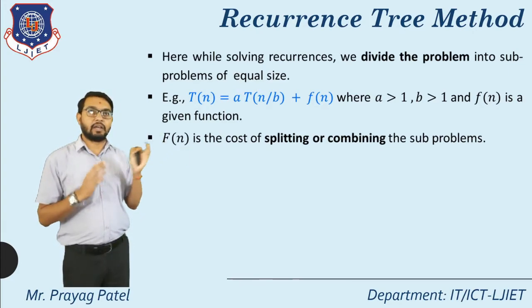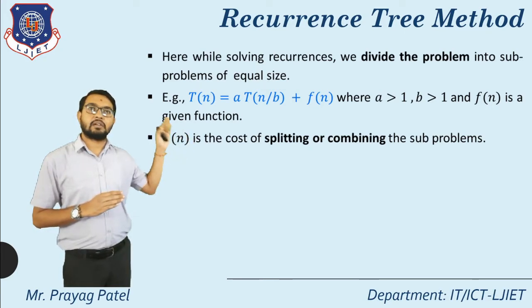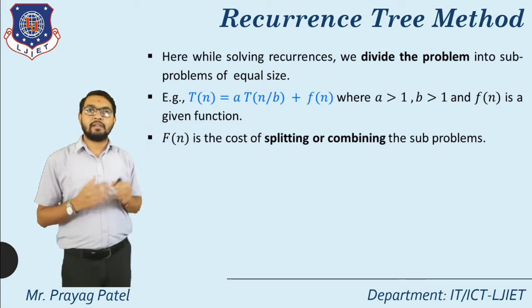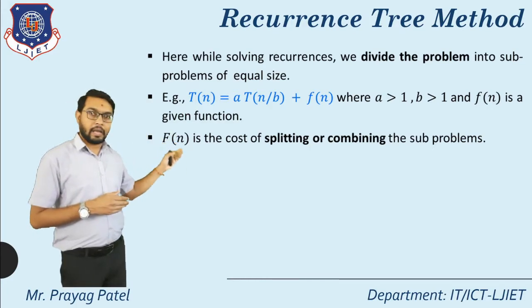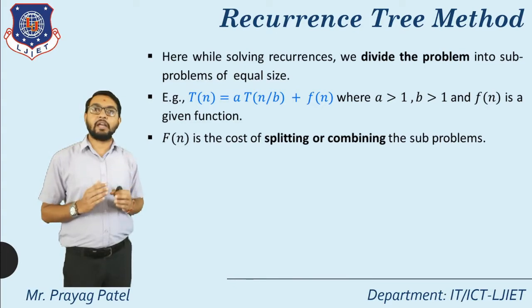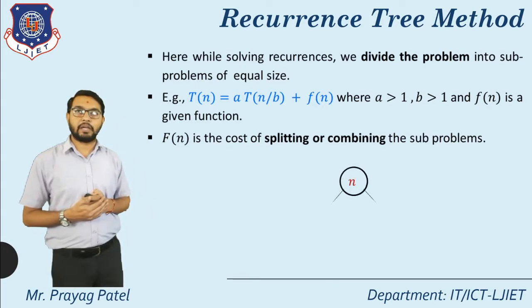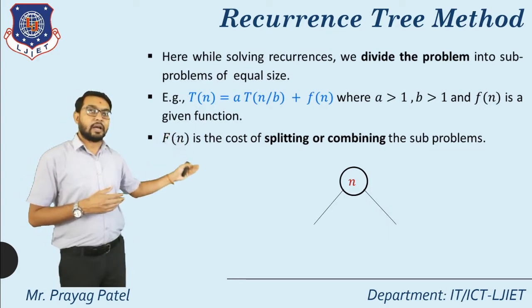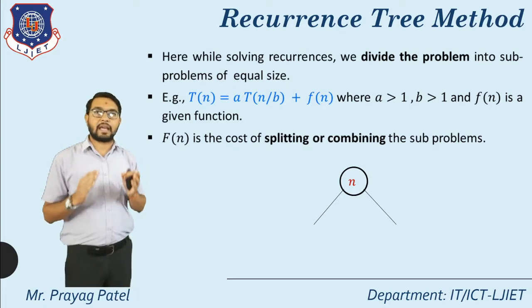In Master's method we consider the value of a as 1 also. So this is a change, and f(n) is considered as a function for the given relation T(n). f(n) is the cost of splitting or combining the subproblems. So this is the cost for splitting or combining. Now for example, consider the initial level root node as n.